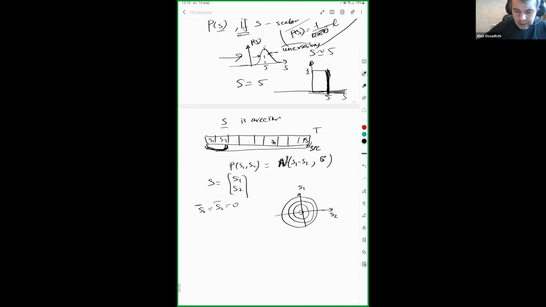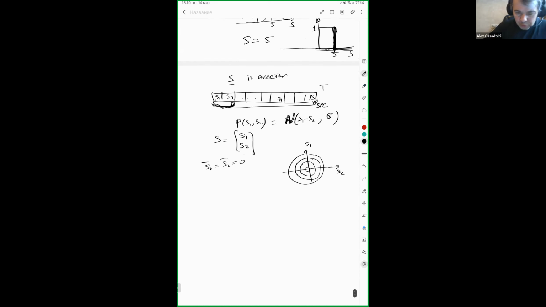And we can, for example, convey information about how the two sources are connected to each other, how they are communicating, through the covariance matrix.